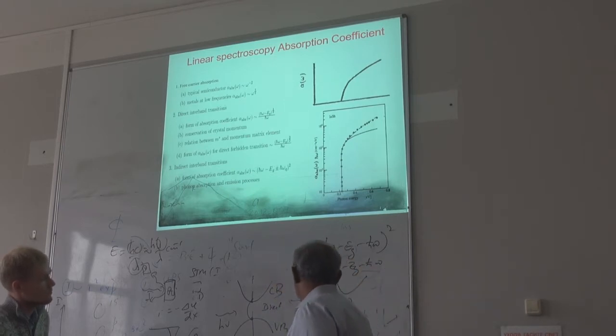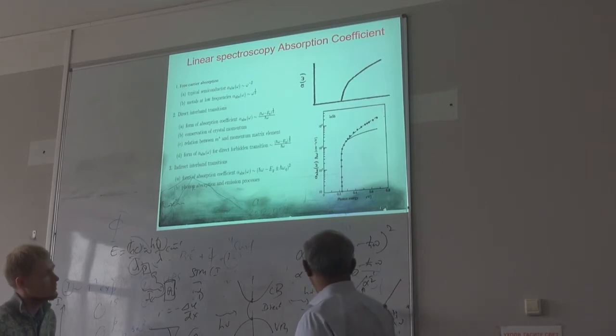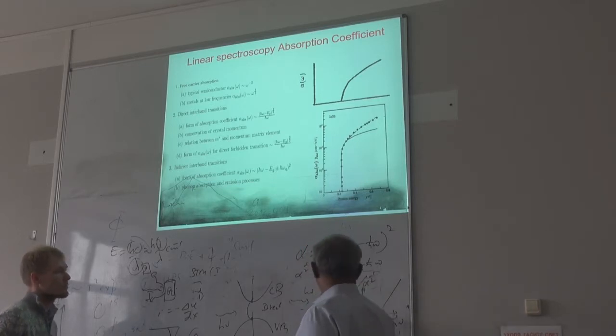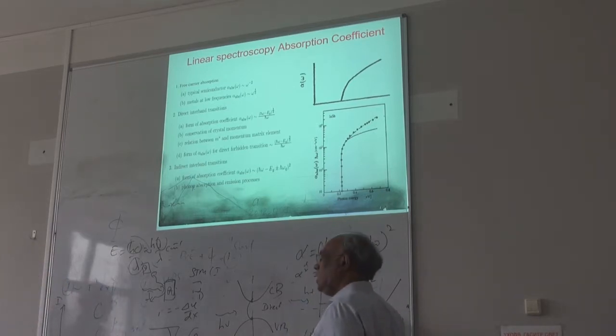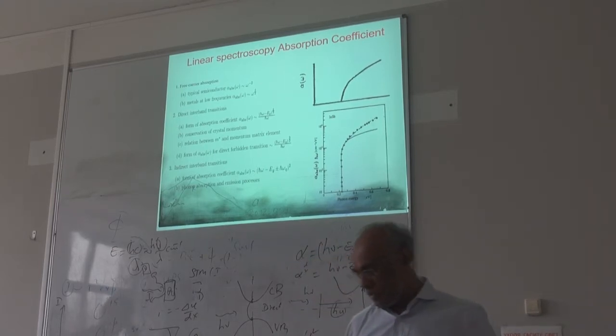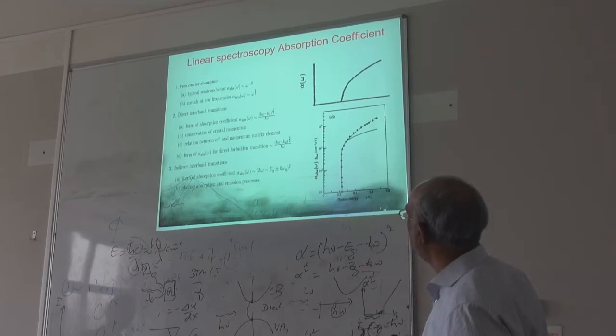In this case you plot the square root of alpha h nu, and this will give you a straight line, but the intercept is Eg minus h cross omega. This is your phonon term, but it is very small, so you can take this as your band gap.